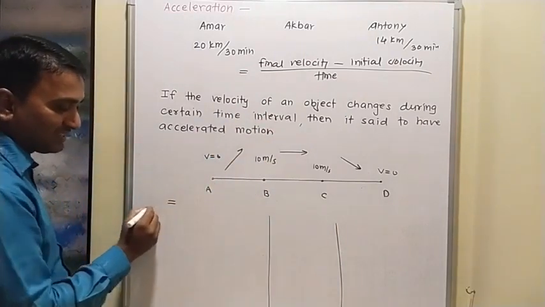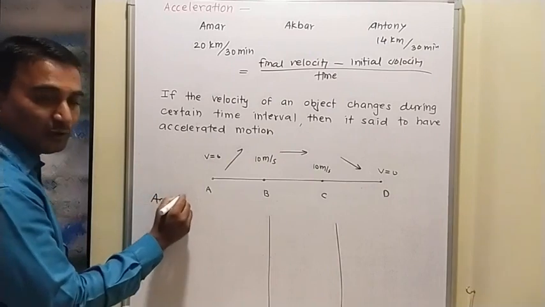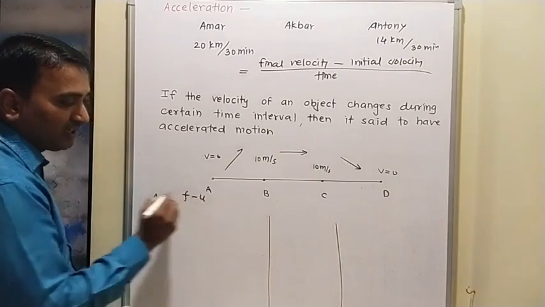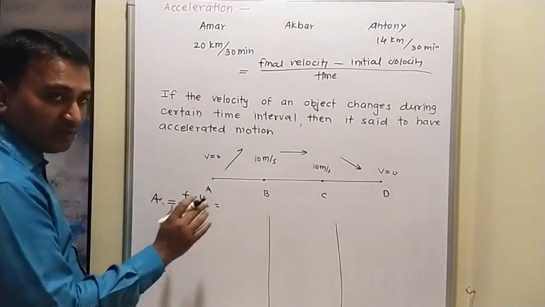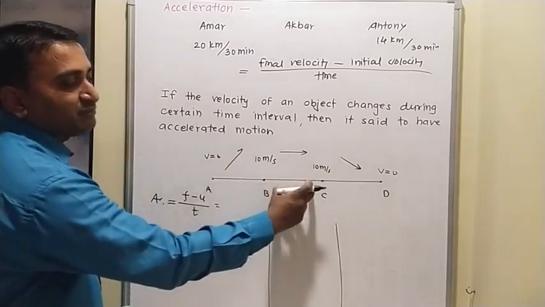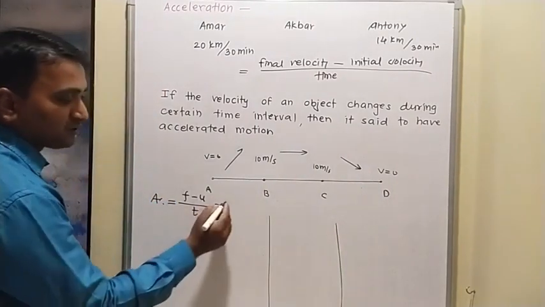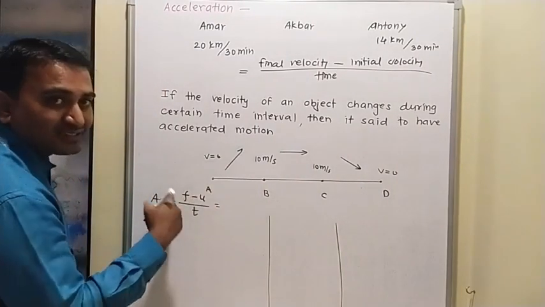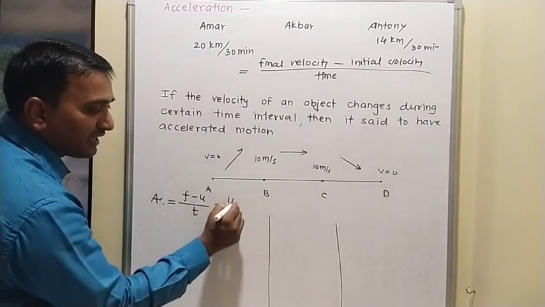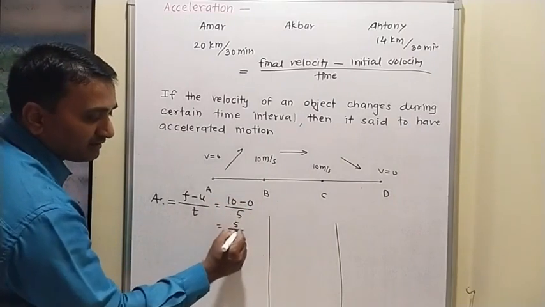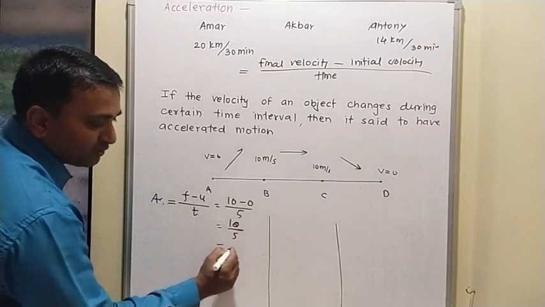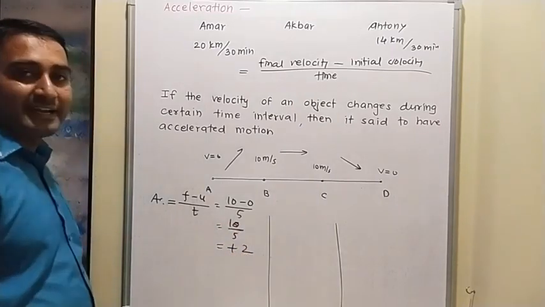So acceleration is equal to final velocity minus initial velocity divided by time. Whatever may be the time, we are considering the same time, 5 seconds, 5 seconds, 5 seconds. So here, subtracting, that is 10 minus 0 divided by 5, that is 10 divided by 5. So here we get positive acceleration.